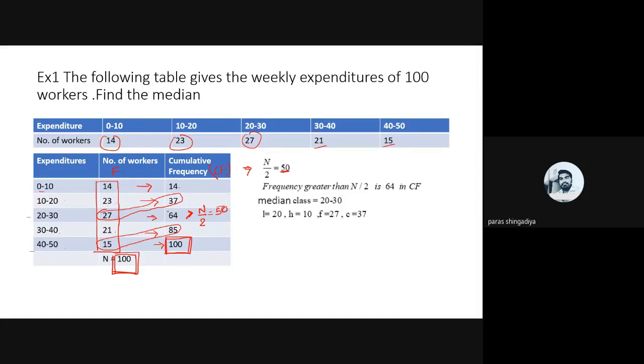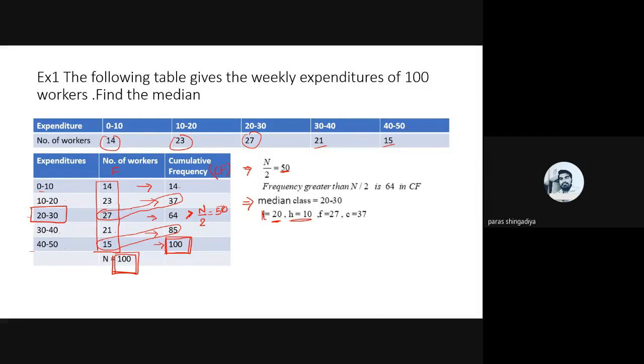So 64 lies in the class interval 20 to 30, and that will be our median class. Now as per the median class, the lower limit is equal to 20. The difference, meaning the size, h, is equal to 10.